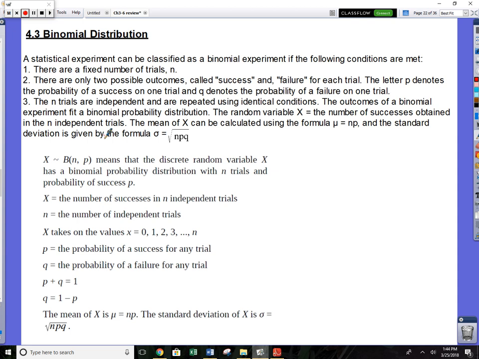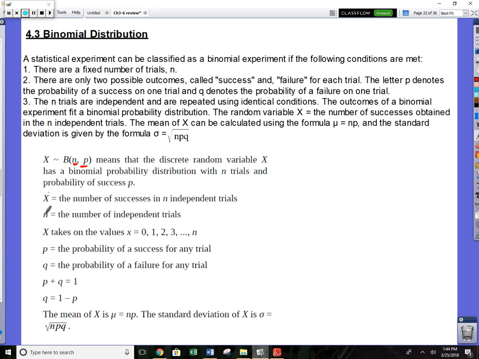And then we've got all this terminology. So n is the number of trials, p is the probability, that's the chance of it happening. P is a success, and then q is a failure. So q is going to be the complement of p.